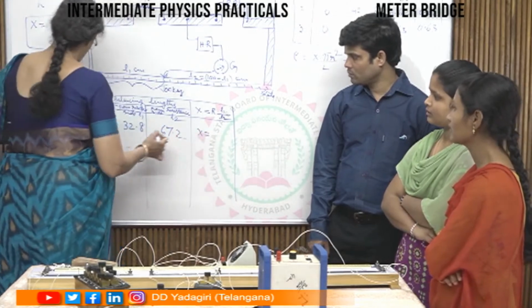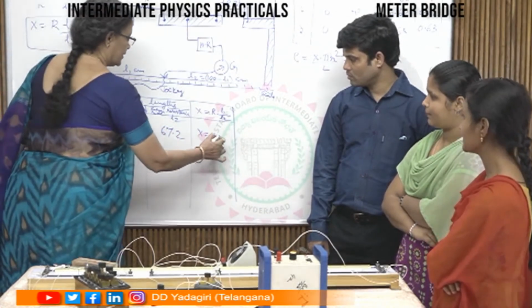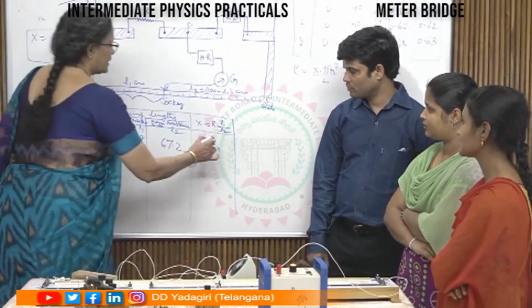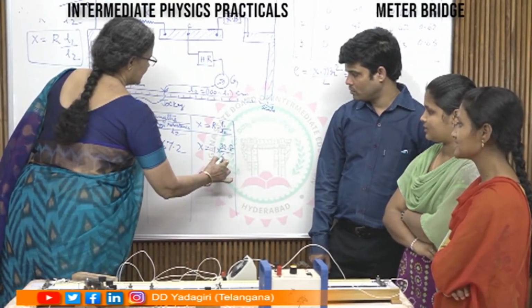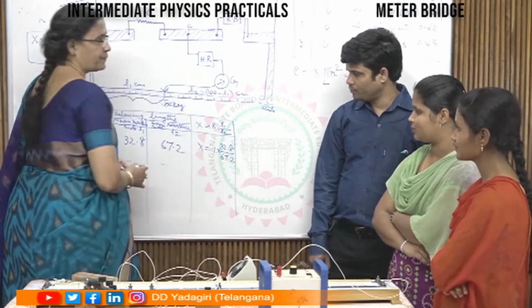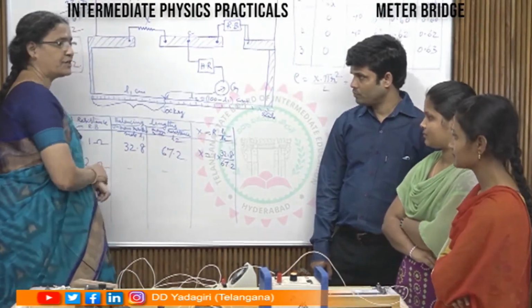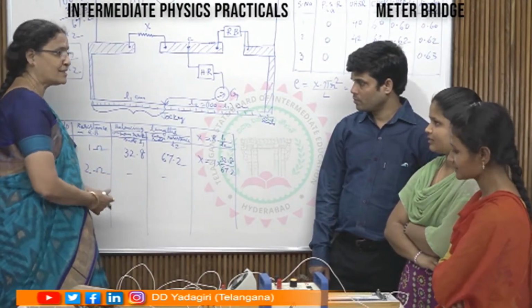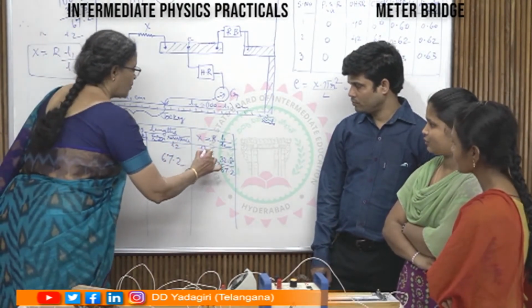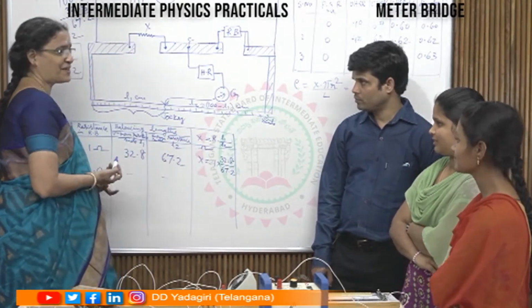X is equal to 1 ohm into L1 divided by L2, that is 32.8 divided by 67.2. What is the unit of X? It is resistance now, so what is its unit? Ohms.